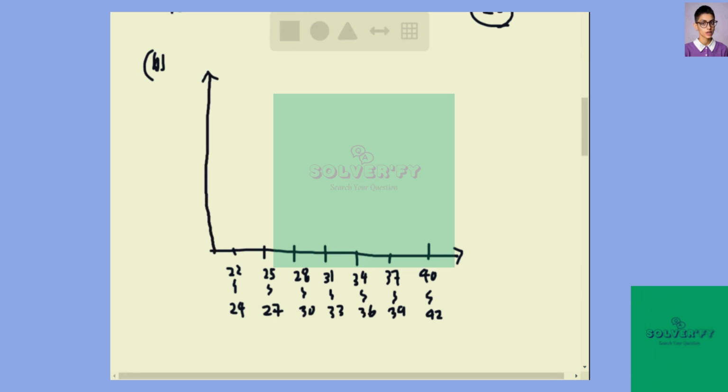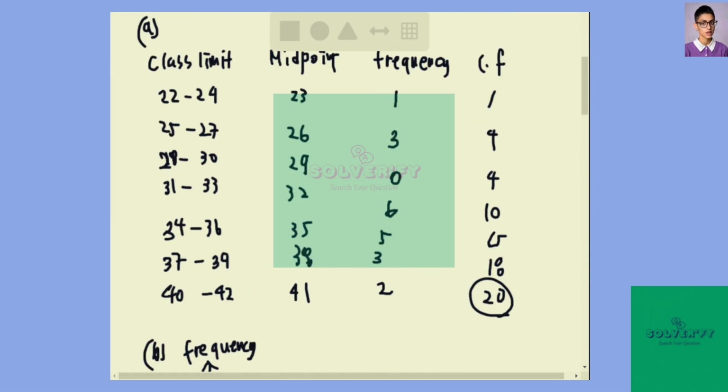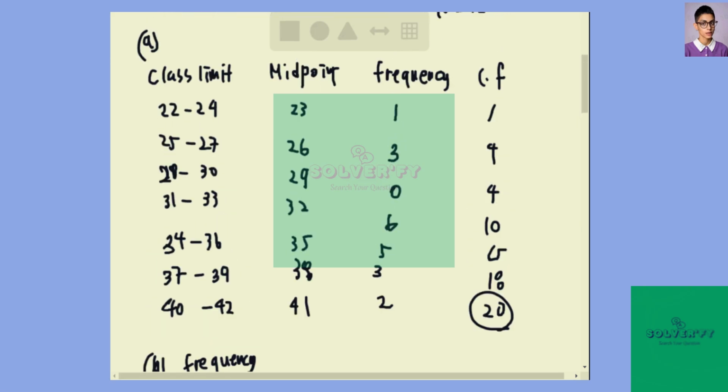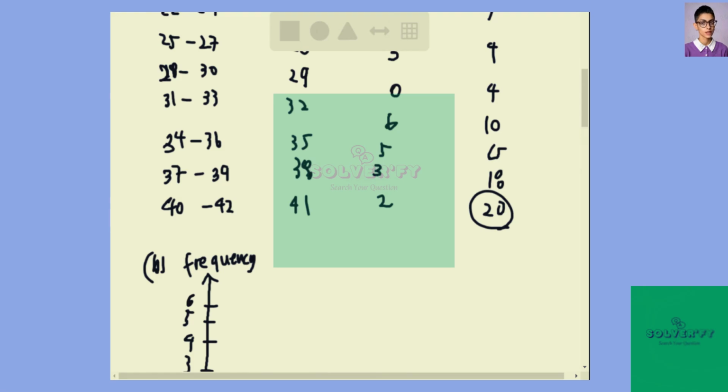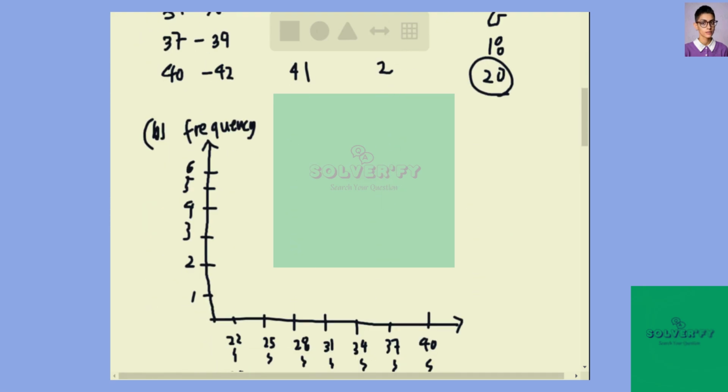This vertical axis should be your frequency. Here we had 1, 3, 0, 6, 5, 3, 2. I'm just going to label it 1, 2, 3, 4, 5, 6. Now we are good to go. The first one was 1, so it should be hitting 1.